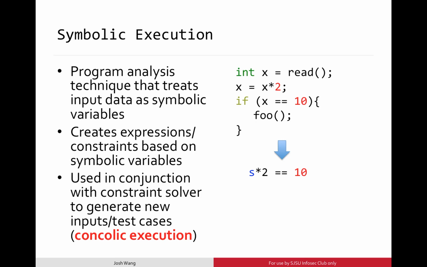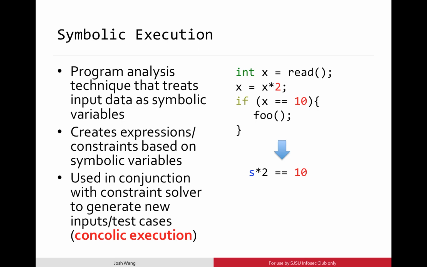So if you're looking at this from a symbolic execution perspective, instead of reading in a concrete value, you would assign the symbol s or y or whatever to x. Then on the next line, x is equal to s times 2, and on the third line you would substitute x with s times 2 is equal to 10, rather than taking a concrete value and putting it in.